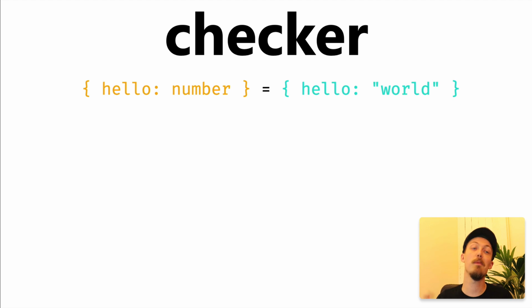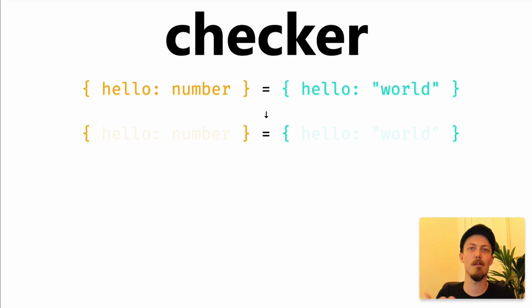So for something a little bit more complicated, for example these two objects, we start at the outside and then work our way in. So there's a structural analysis on the outer parts of the object. In this case, it's an object to another object, and that would actually hit isSimpleTypeRelatedTo also, because they're both objecty.